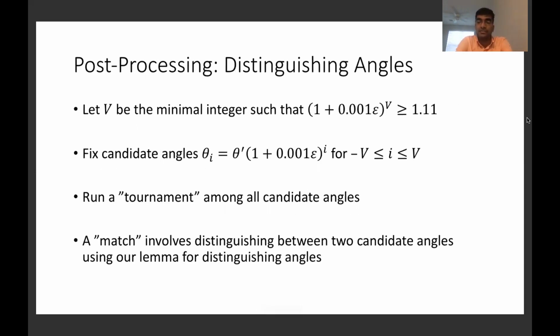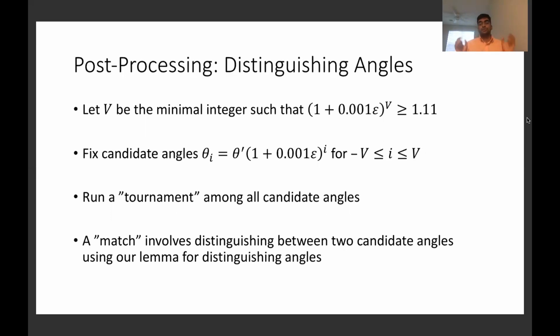So now we have an algorithm that can help us to distinguish a pair of angles. What we now want to do is consider all angles in our range of candidate angles. We split this range geometrically into sequences that are 1 plus 0.001 epsilon distance away from each other.